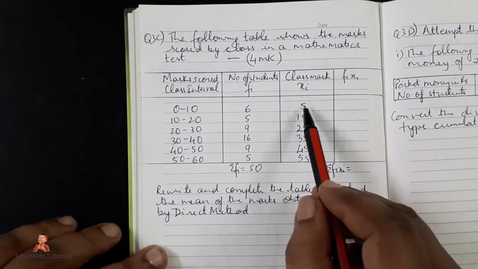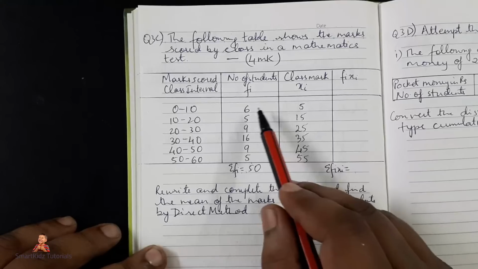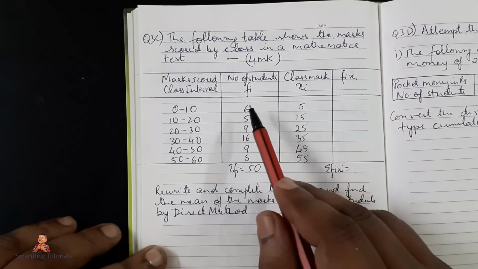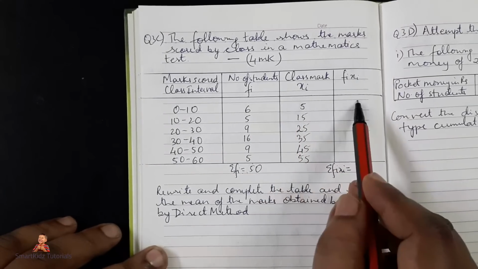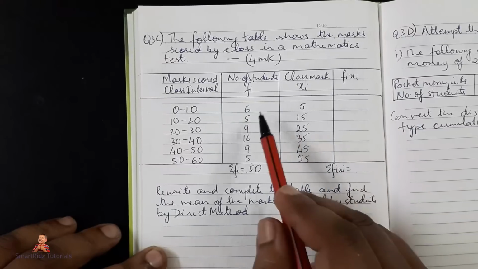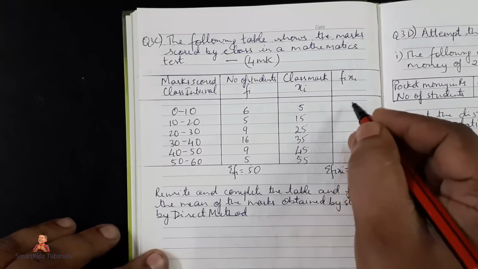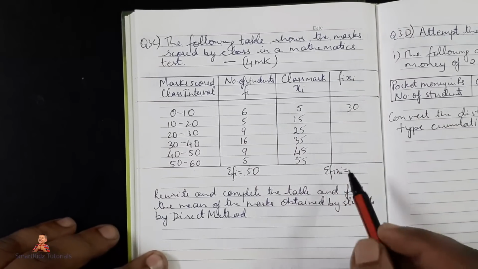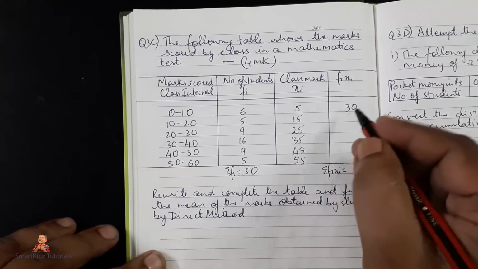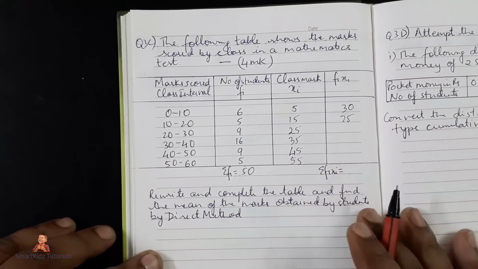Now we need to multiply Fi into Xi and get the product of it, and write the product over here. So first one is 6 into 5, that gives us 30. Next is 5 into 15, that gives us 75.